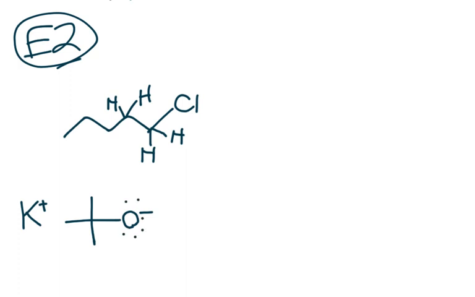And it's going to act like a base, and it's going to attack one of these hydrogens over here. Now, why are we attacking hydrogens over here if our leaving group is all the way on that other carbon? Well, when you take an H as a base, you're taking a proton, an H+. So what's going to happen to those electrons? Those electrons are going to make the double bond. So these electrons are going to shift over here. And now all of a sudden, that carbon on the end, bound to the chlorine, has too many bonds, and it's got to kick something off. And it kicks off the chlorine.